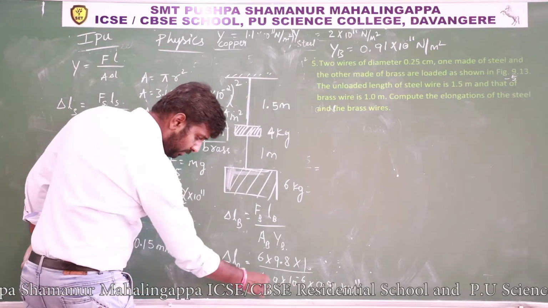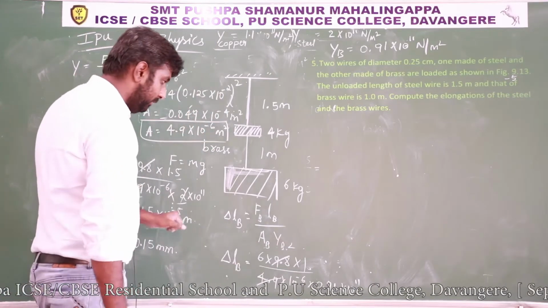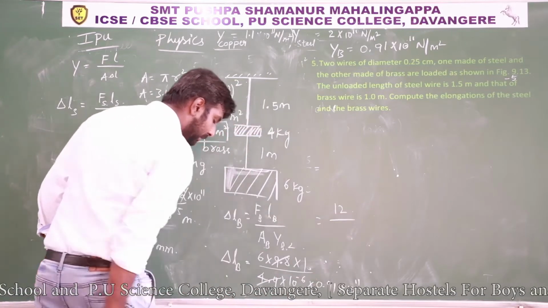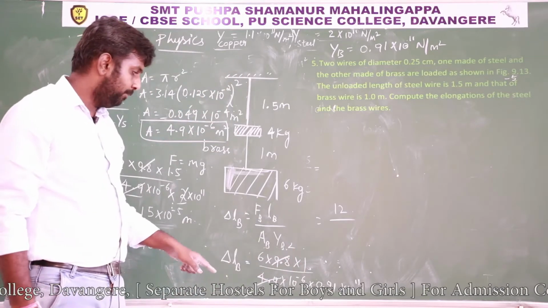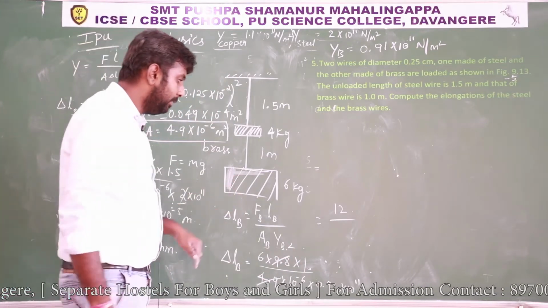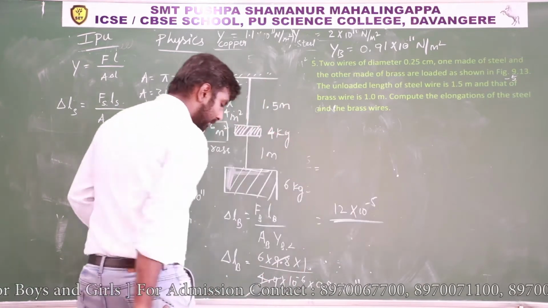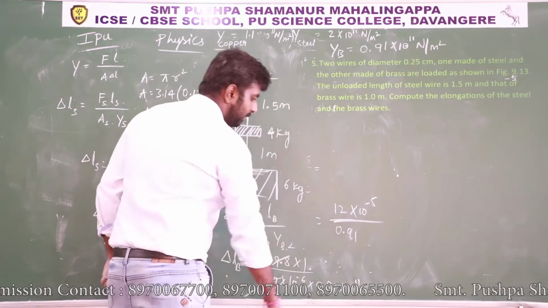Here 6 into 2 in the numerator is 12, divided by 10 to the power minus 6 plus 11, that is plus 5, it goes to the numerator, meaning 12 into 10 to the power minus 5 divided by 0.91.